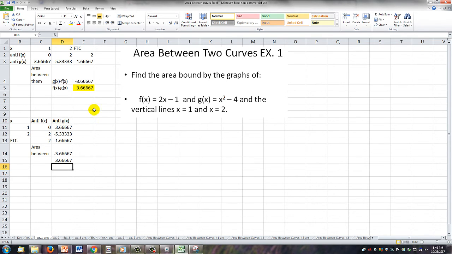Okay, if we go back to example 1 and do it the Excel way, we already know the answer is 11 over 3.